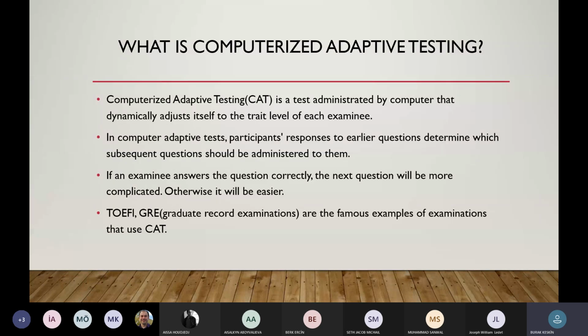In these tests, participants' responses to earlier questions determine what the next question will be. If an examinee answers the question correctly, the next question will be more complicated. Otherwise, it will be easier. TOEFL or the Graduate Record Examinations are famous examples of exams using CAT.